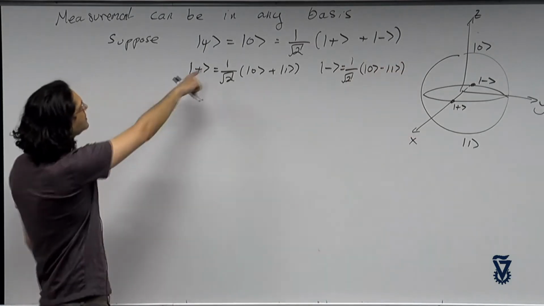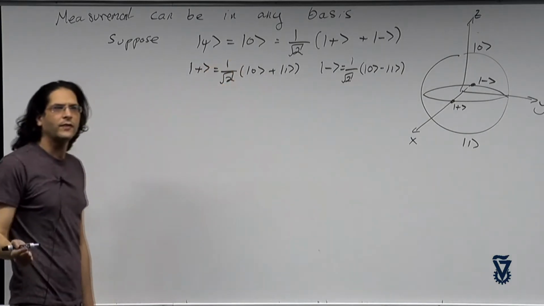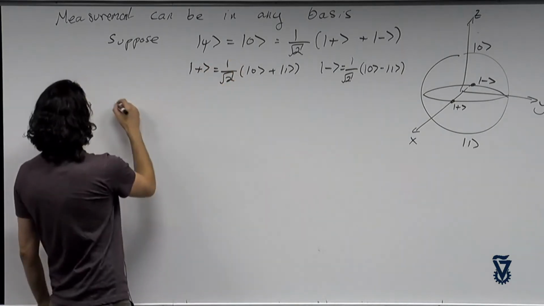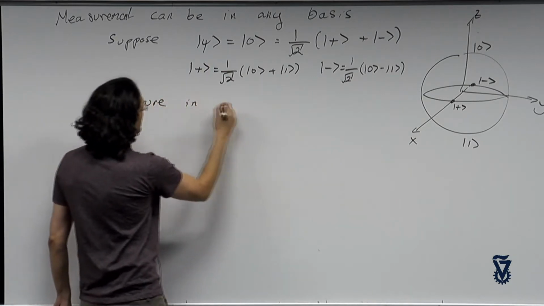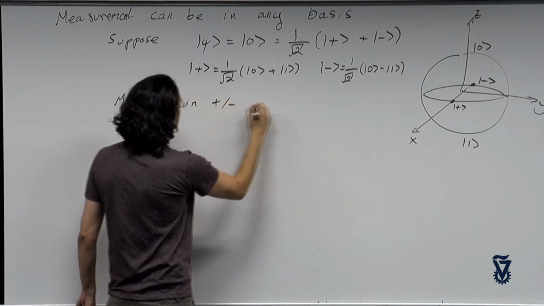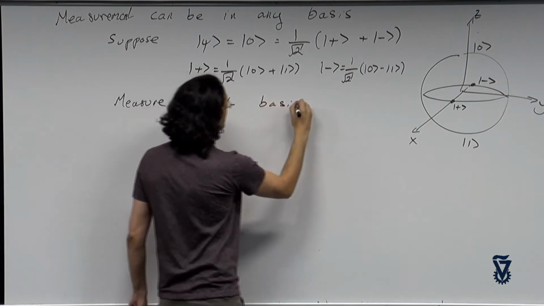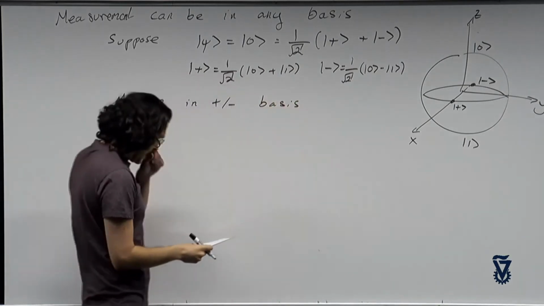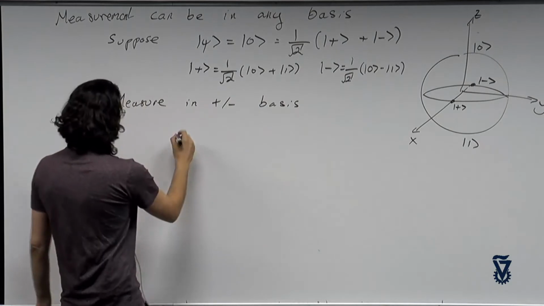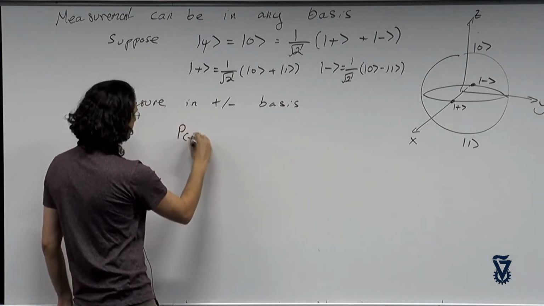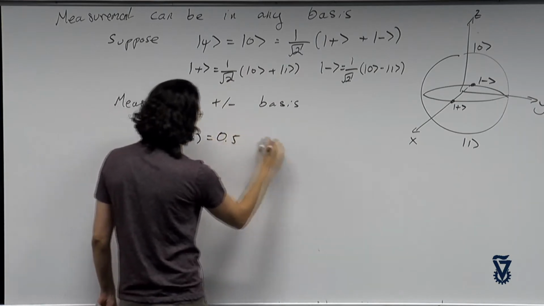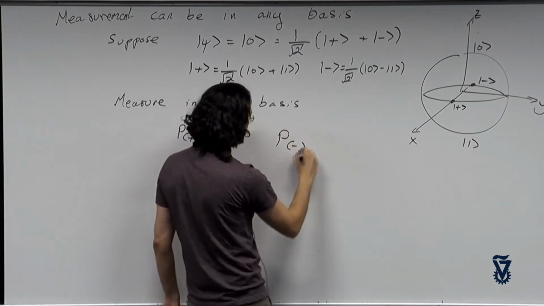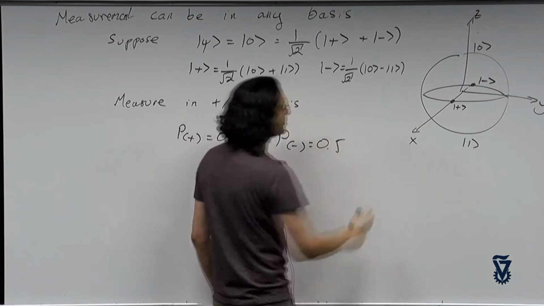And now if we take this qubit, the state over here, and we measure it in the plus-minus basis, then the probability of getting a plus in this simple case that I wrote is going to be 0.5, and the probability of getting a minus is also going to be 0.5.